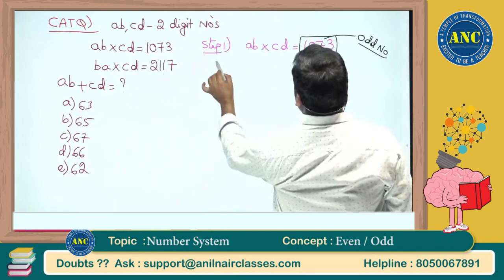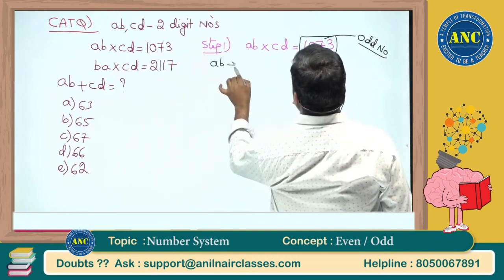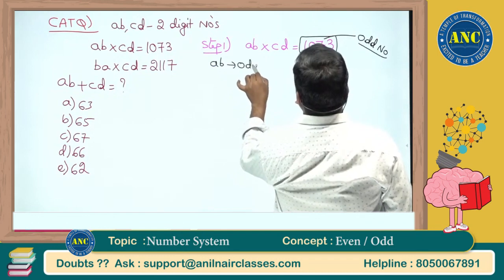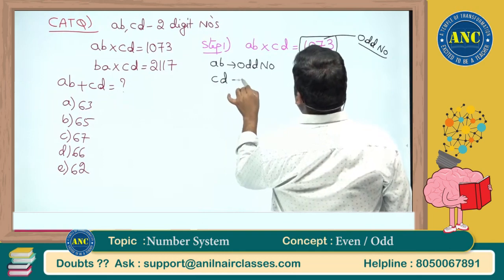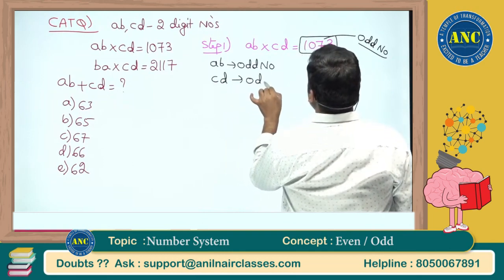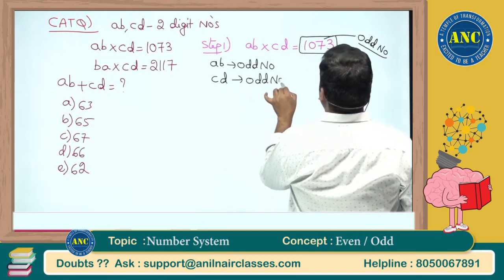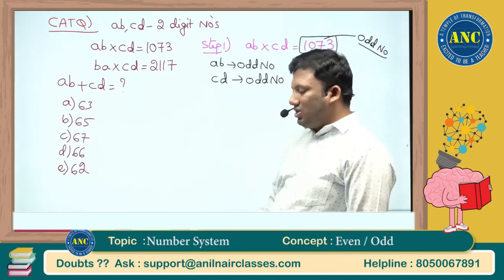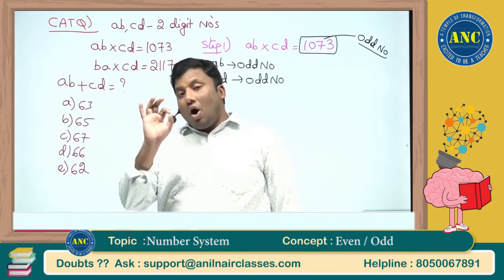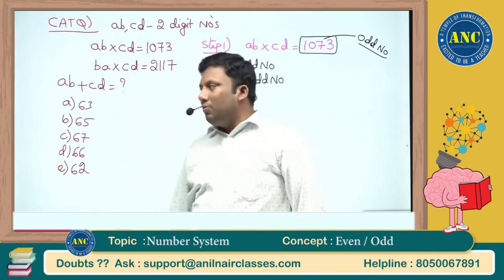That means AB is an odd number, and CD is also an odd number. Why? Because odd into odd can only give me odd.